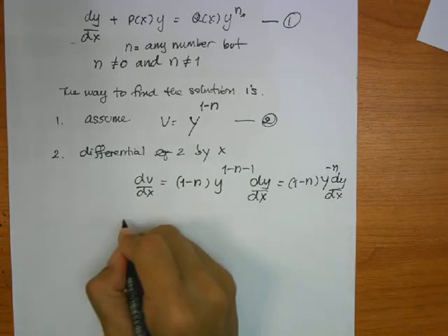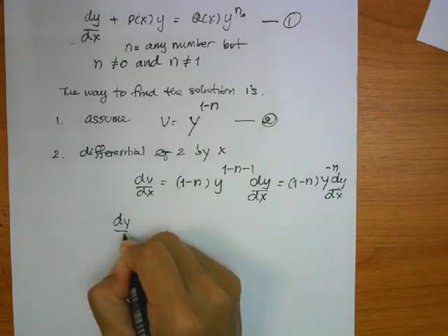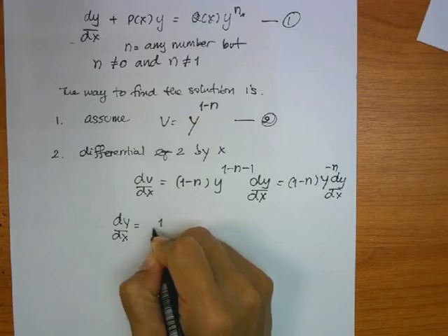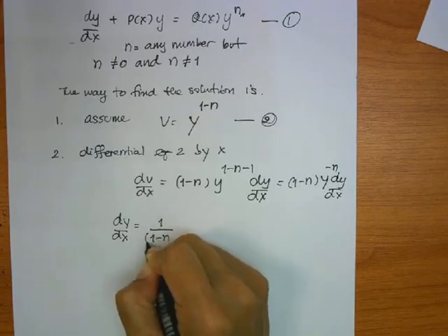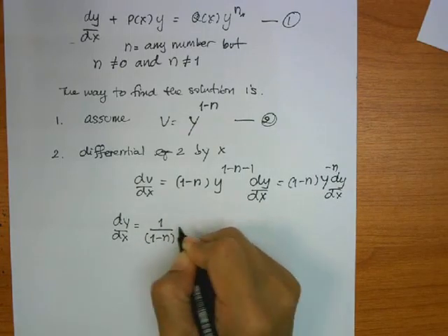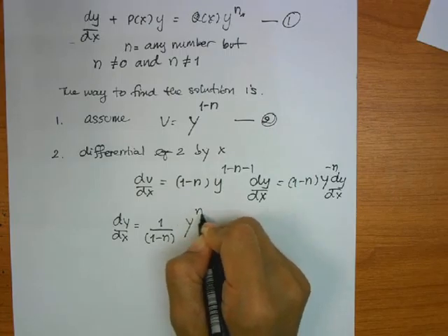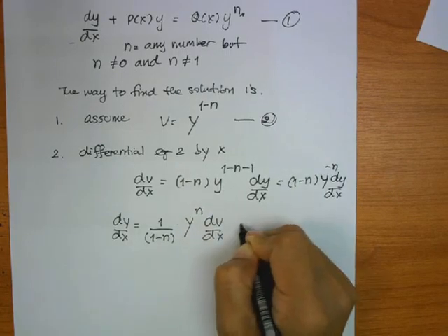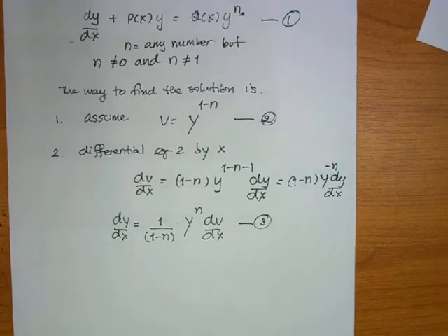So you would get dy/dx is equal to 1 over 1 minus n times y to the power n times dv/dx. That is equation 3.